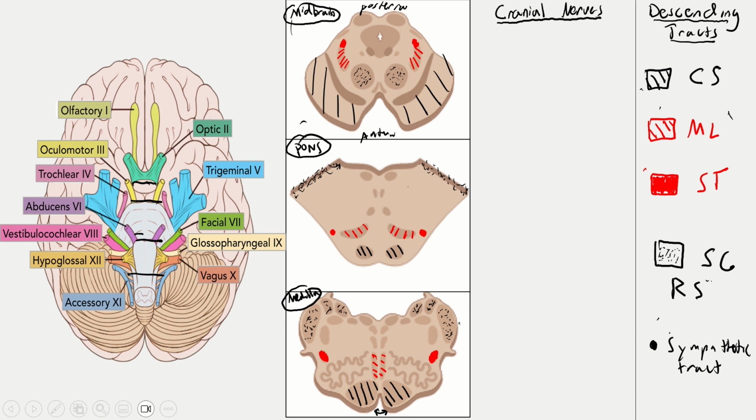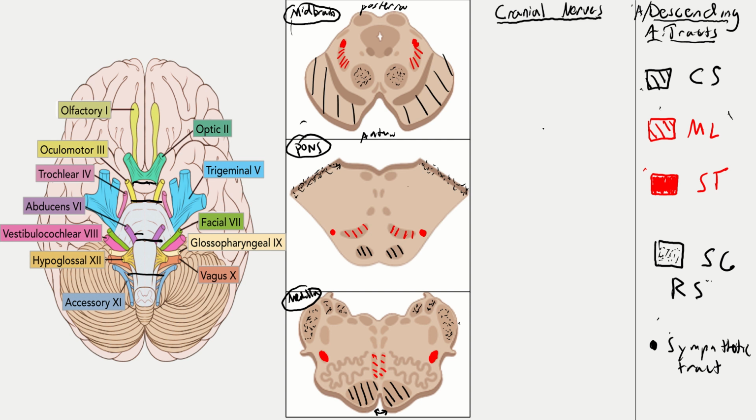I'm not going to label it, but just know that it's on the lateral side. Actually, let's change this. I think it's descending, but it could be descending or ascending. Basically, a tract that goes through the entire brainstem.